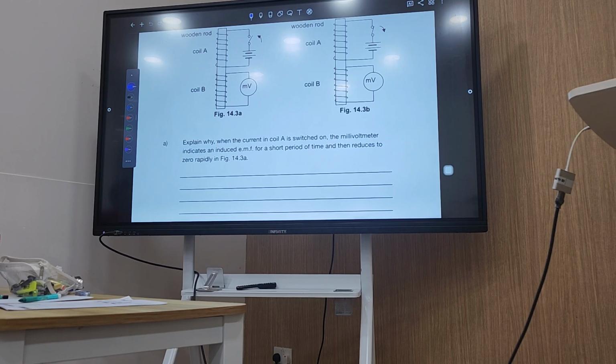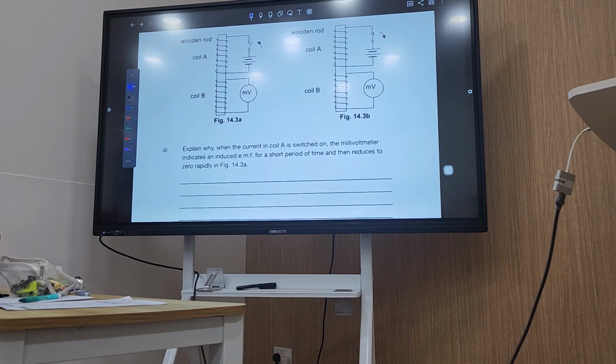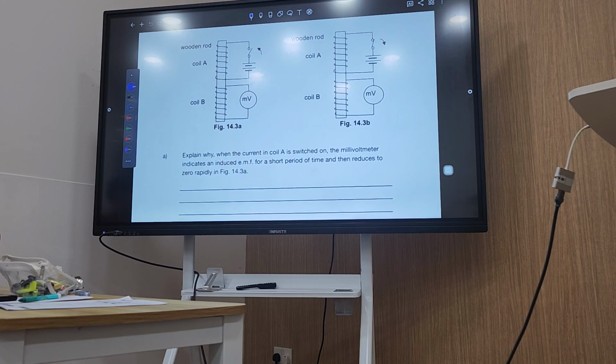When the current is switched on, the changing current induces a magnetic field which induces an EMF in coil B. Once the current in coil A stabilizes, the magnetic field becomes constant and the EMF drops to 0. I would agree with you on the first part.